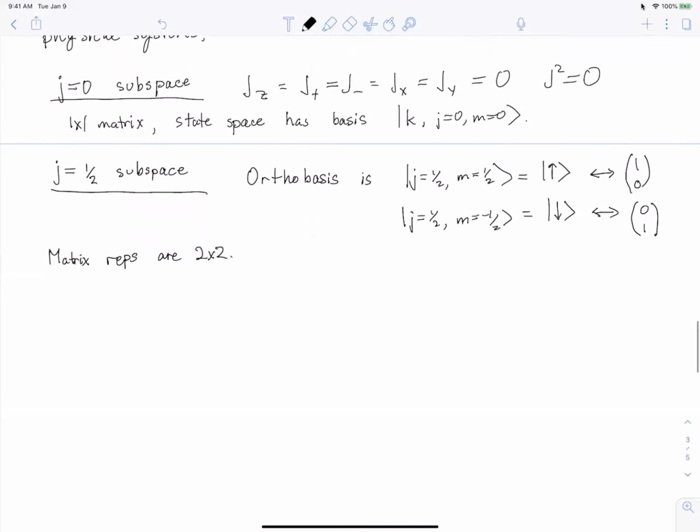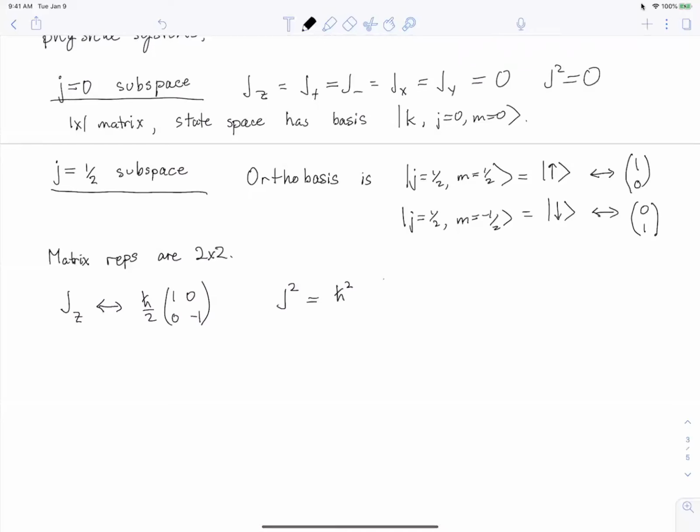Okay, and so in particular, J sub Z, I shouldn't write equals, technically, I should write corresponds to. In matrix language, this is h bar over 2, 1, 0, 0, minus 1. And J squared is h bar squared.